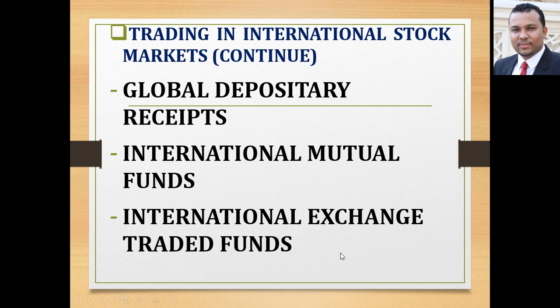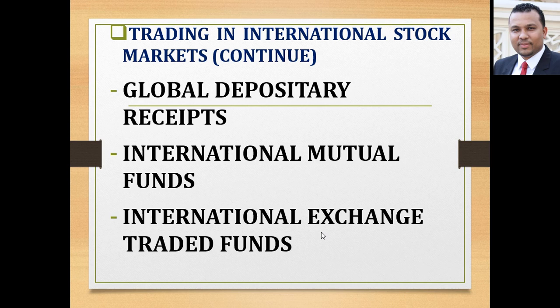International exchange traded funds, abbreviated ETFs, are passive funds that track a specific index. International exchange traded funds represent international stock indexes and have become popular in the last few years.